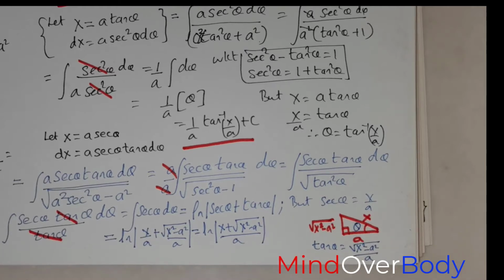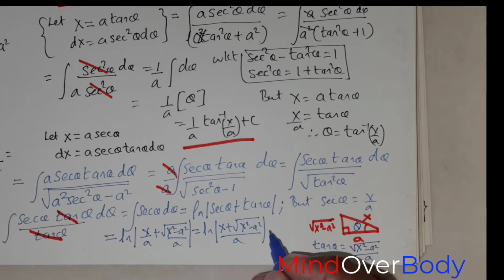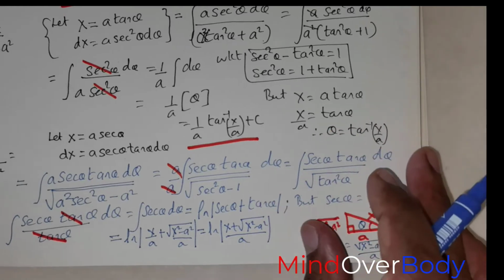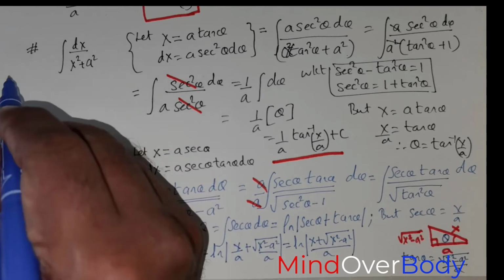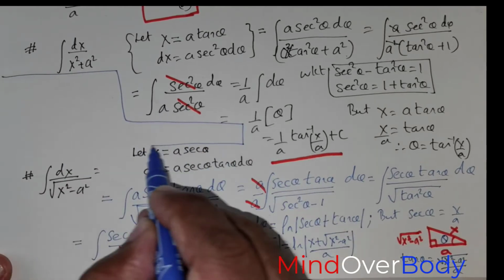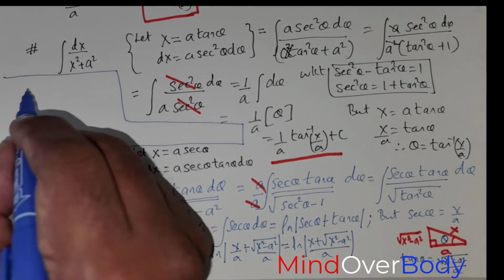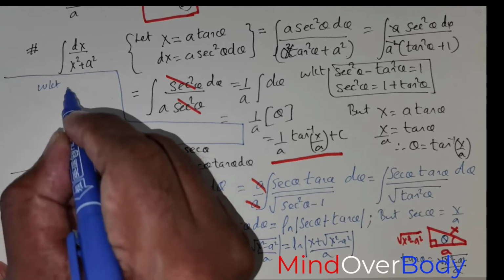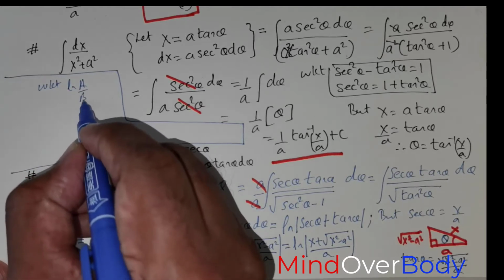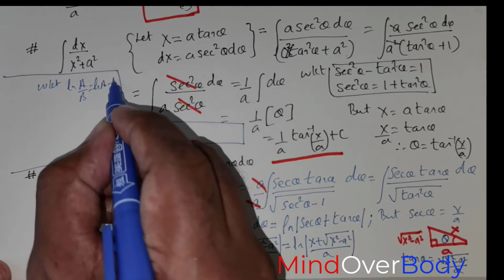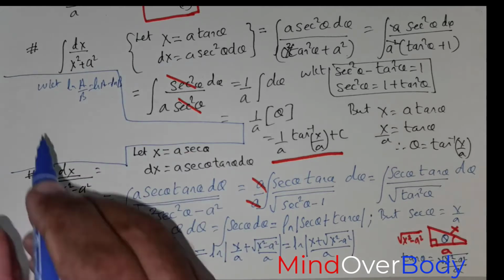Now we have a formula, ln of a over b. Let me write that formula here. You know that ln of a over b is ln a minus ln b, right?